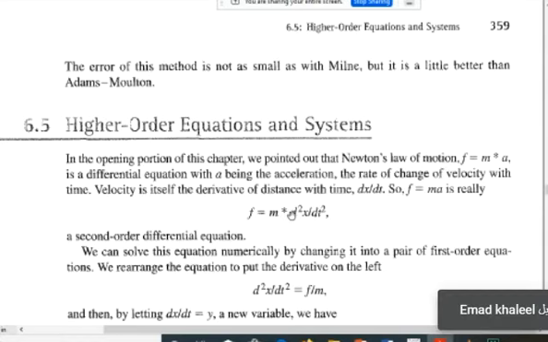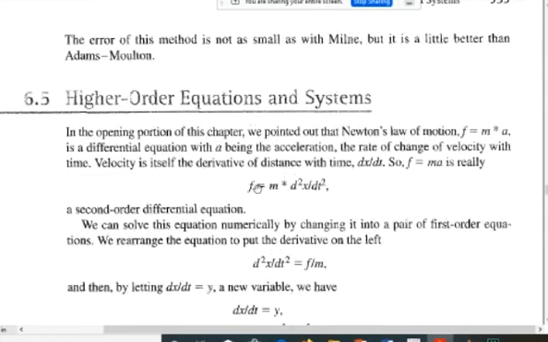F equals m d²x divided by dt². This is the second order differential equation. F equals m multiplied by a differential values.